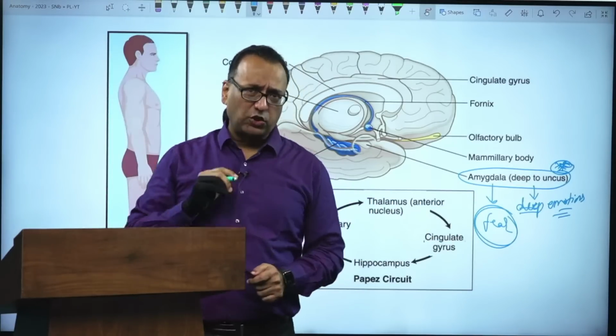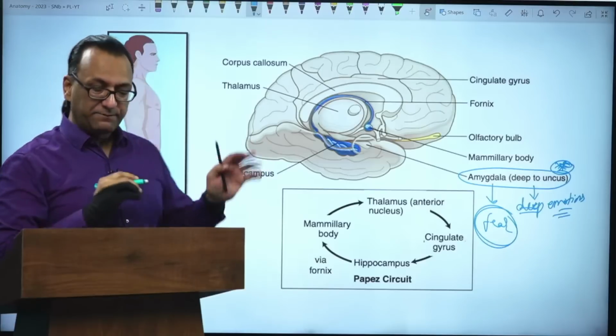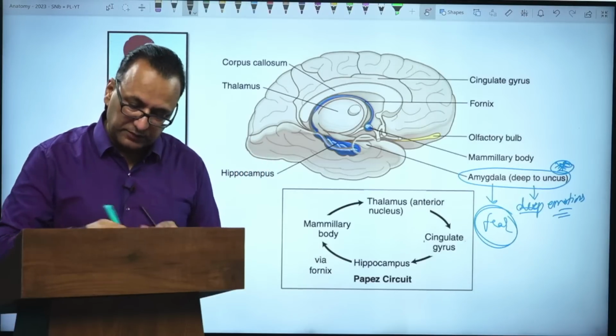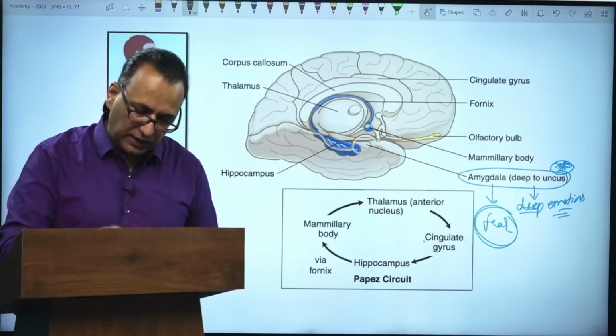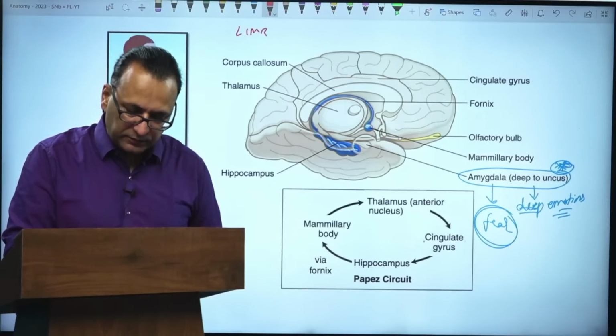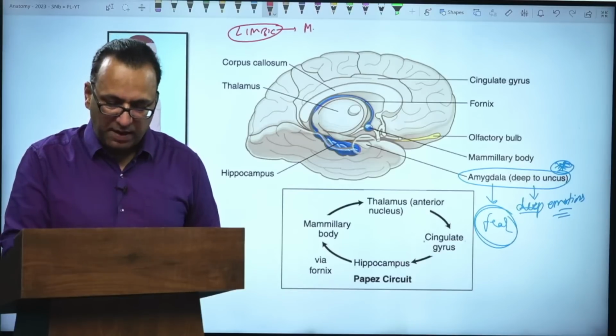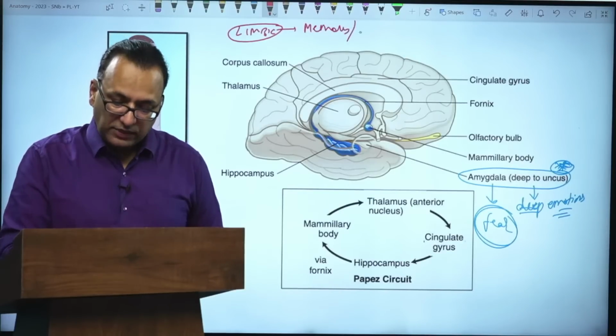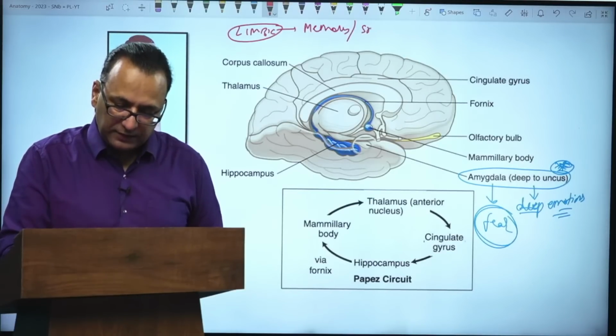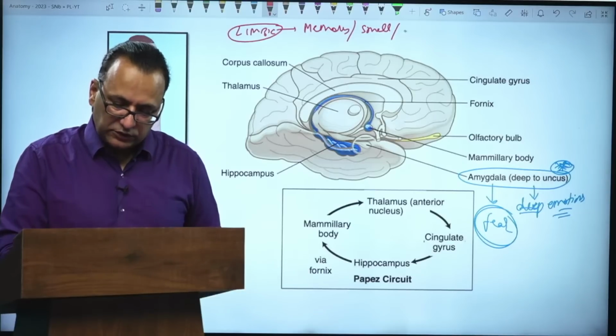Anyway, so what about this limbic system? What is the purpose of limbic system? See, when we talk about the limbic system, first of all, you have to understand it is something to do with memory. Then it is the smell. Then it is the motivation.